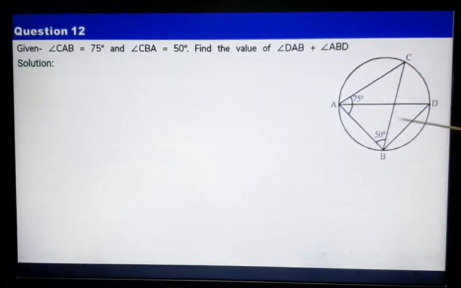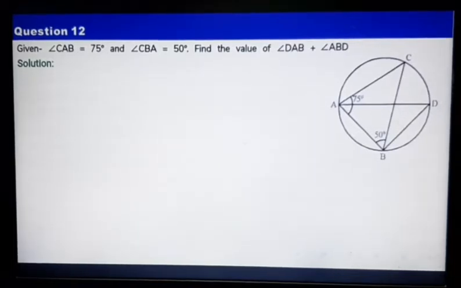That is triangle ABD, because in triangle ABD we have DAB, that is this angle, and ABD also, that is this angle. So we need to find the sum of this angle and this angle. Now from the diagram we clearly see that we have to use a very famous theorem, that is angles in the same segment are equal.